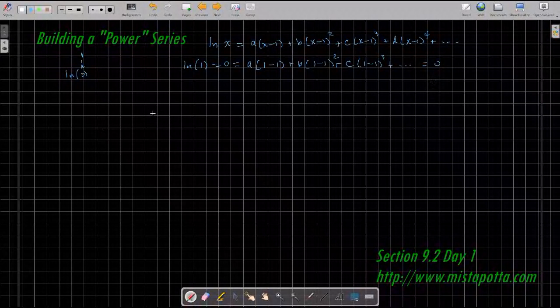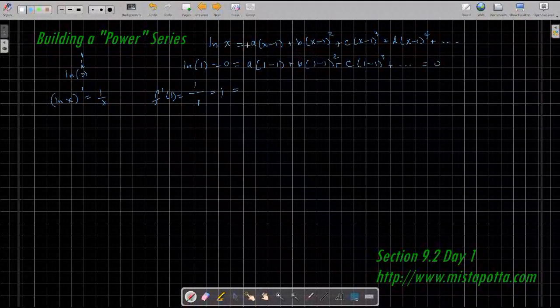But if I take a look at the derivative, I know the derivative of natural log of x is 1 over x. And if I take a look at the derivative evaluated at 1, that should be equal to the derivative of this evaluated at 1.